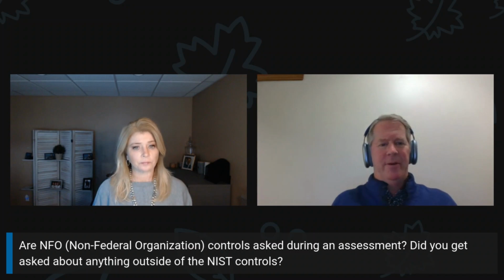If they felt what I had given them wasn't sufficient, there's the term: is the evidence both adequate and sufficient to meet the control? They felt that what I was providing wasn't sufficient to cover the scope of what they were looking for. So I had to pull some different things in. That's the best way I can answer that.